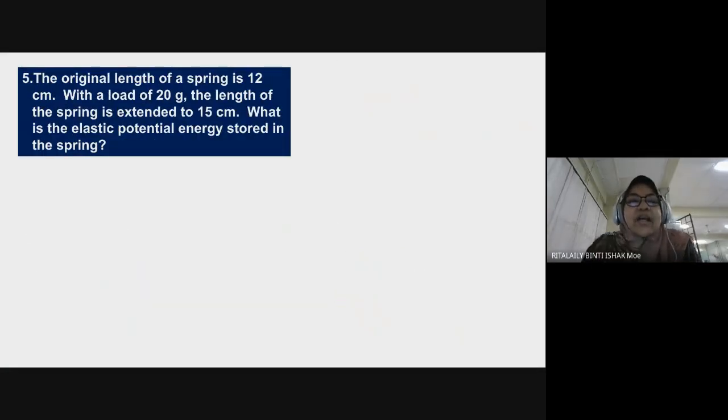The original length of a spring is 12 cm. With a load of 20 gram, the length of the spring is extended to 15 cm. What is the elastic potential energy stored in the spring? So, how do we calculate elastic potential energy?